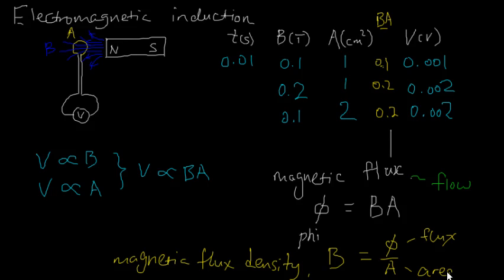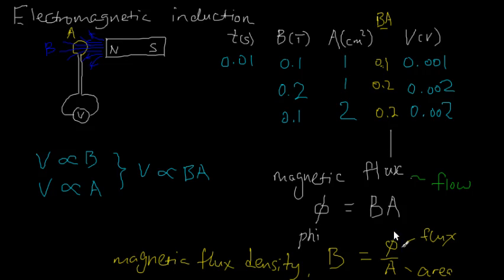Not quite the density as in the density of water, where we think of mass per unit volume. In this case, it's flux per unit area. But as long as it's per unit something, in physics it's convenient to just call it density, and we'll see this in other situations as well. So magnetic flux density is a density in the sense that it is the flux per unit area, and that actually is the origin of this name, flux density.